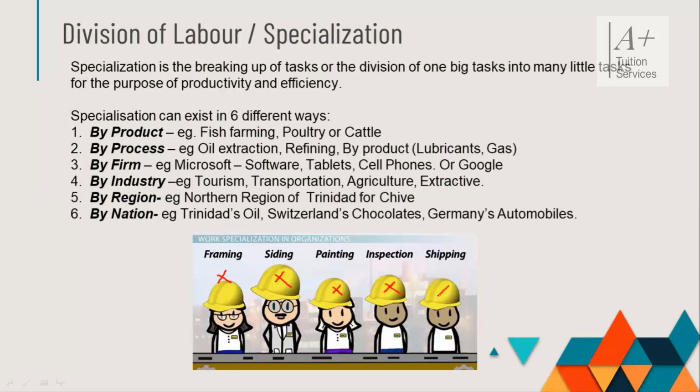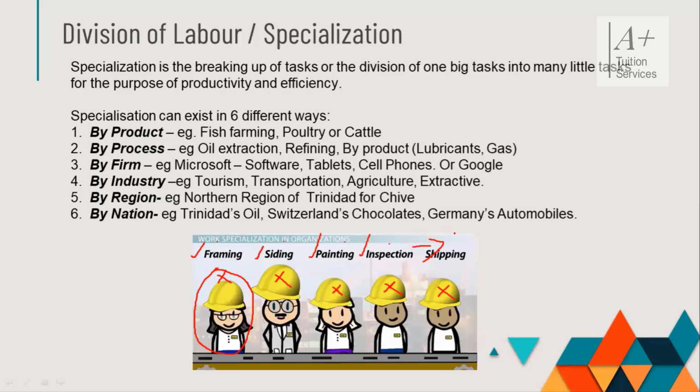The first employee deals with framing, the second with siding, the third with painting, the next does inspection to make sure the others did their job, and the last employee ships it out of the company. Imagine the person who frames, let's call her Mary, had to frame, side, paint, inspect, and then ship out. When Mary is supposed to be framing 5, she will now be framing only 1 because she has to side it, paint it, inspect it, and ship it.